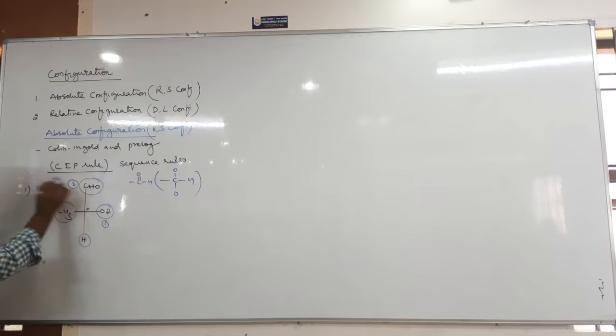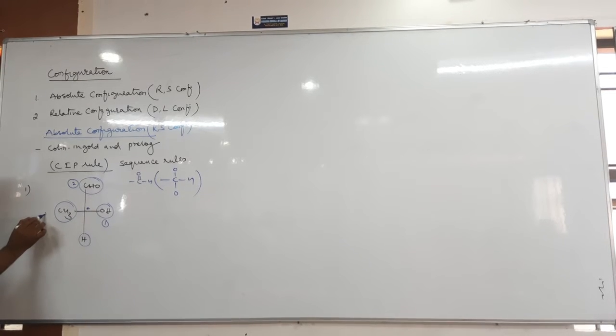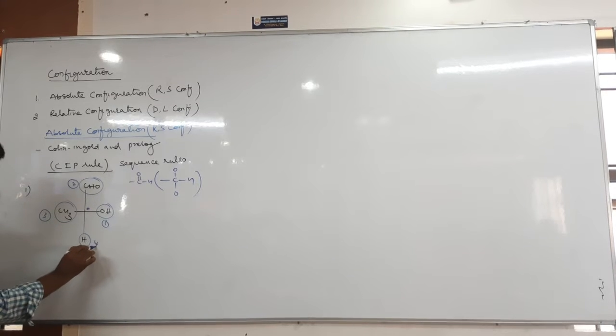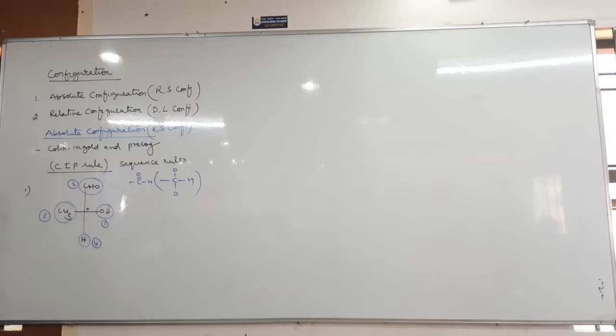Therefore second priority goes to the aldehyde group, third priority to the methyl group and fourth priority to hydrogen. So this is the first rule: identify the atoms or groups on the asymmetric carbon and give the priority.